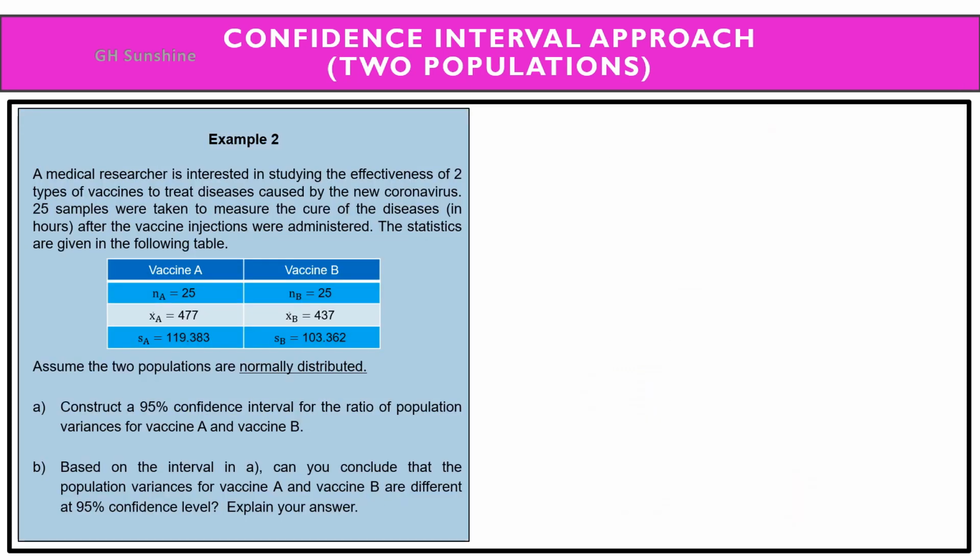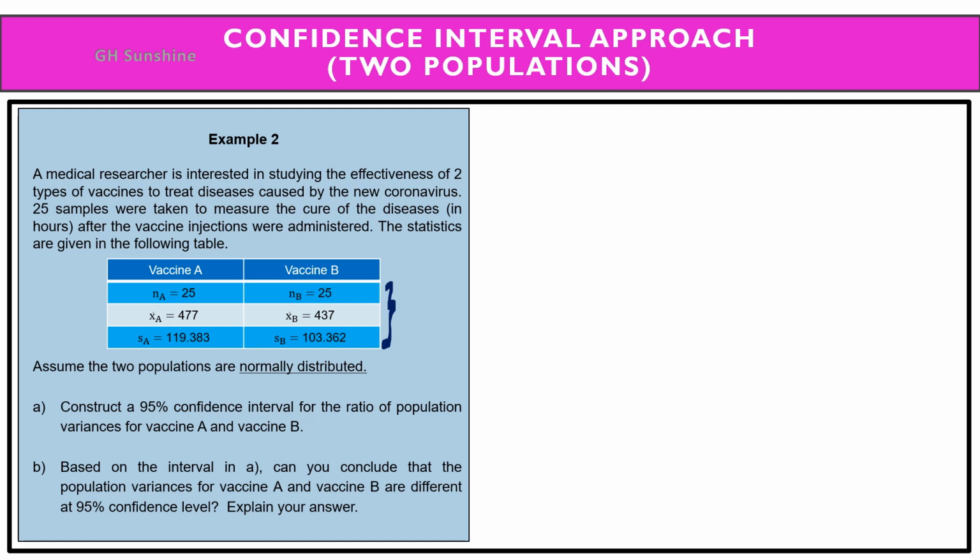Now we proceed to the confidence interval approach of two populations. Using the second example, a medical researcher is interested in studying the effectiveness of two types of vaccines. Using 25 samples, from the 25 samples, the sample mean and also the sample standard deviation were measured.